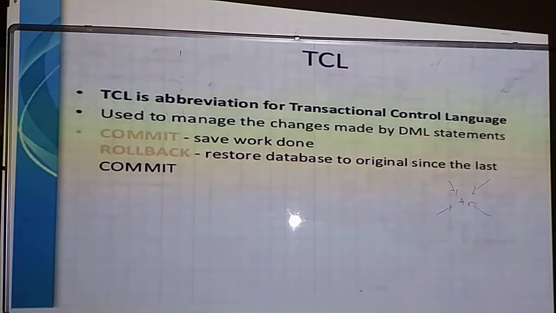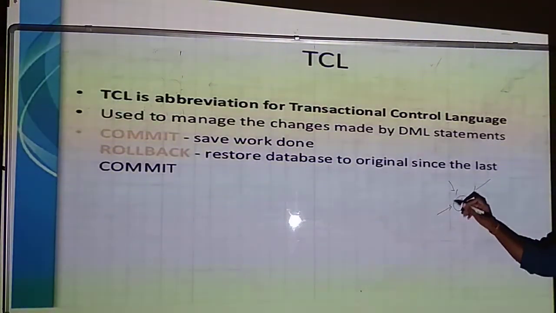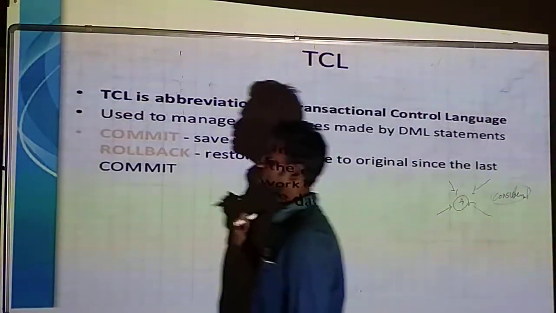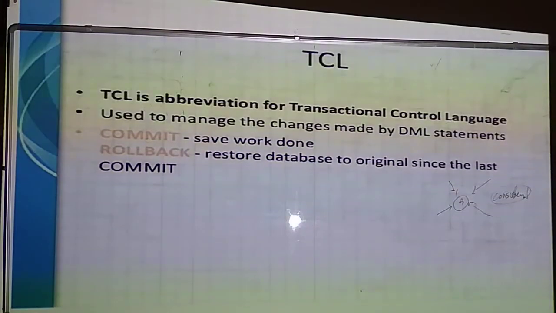Say multiple people are accessing the same database, then you need to control them. You need to have a focus on the transactions done on the database so that you will have consistent data. If it is not done, you will have incorrect, inconsistent data in your database. We control them by using these TCL statements, that is, transactional control language.